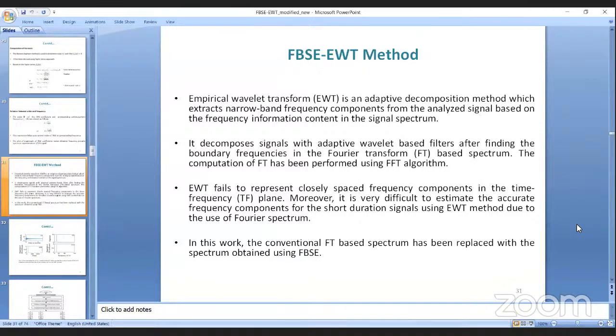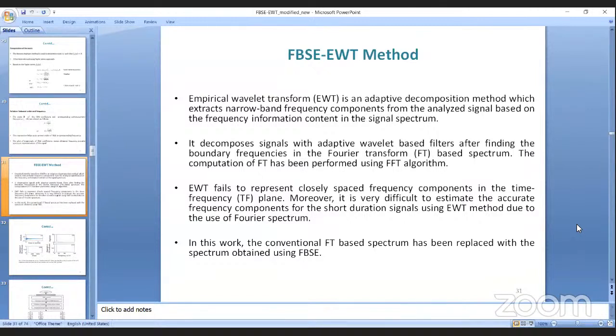So we have seen earlier this empirical mode decomposition EMD method, and it has some problems. Whatever intrinsic mode functions IMFs we obtain using the EMD method have a mode mixing problem.